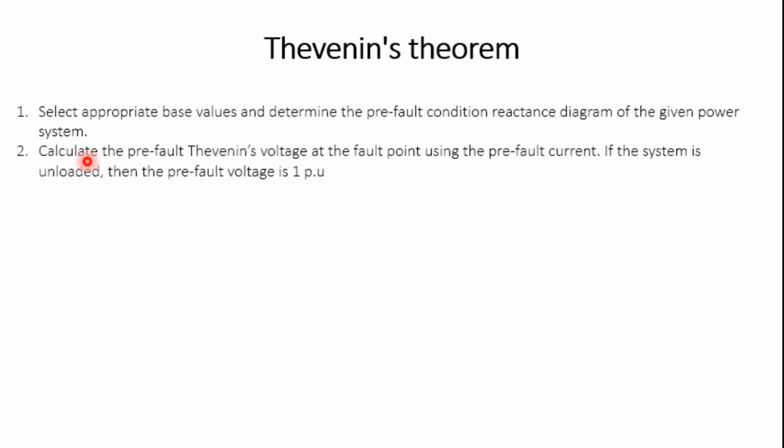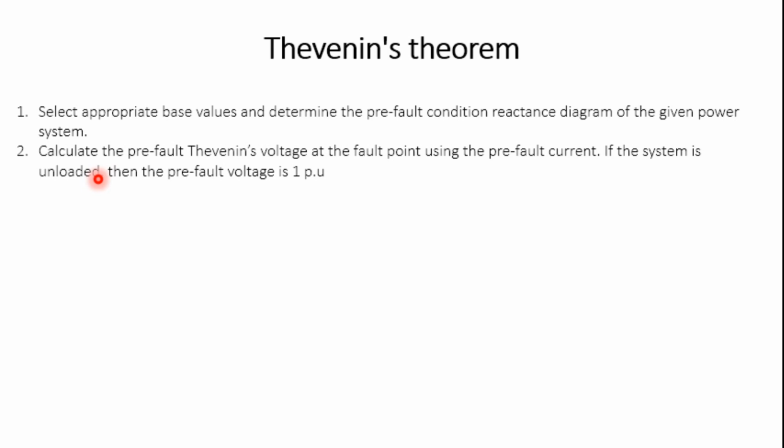Then, this is important: we have to calculate the pre-fault Thevenin voltage at the fault point using the pre-fault current. If the system is unloaded, sometimes they will mention, as in one example, that it is working at 60 but tapped at 66.